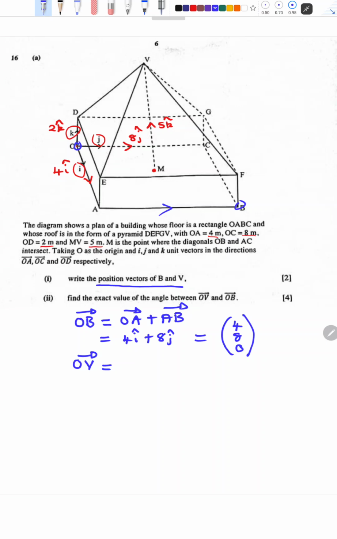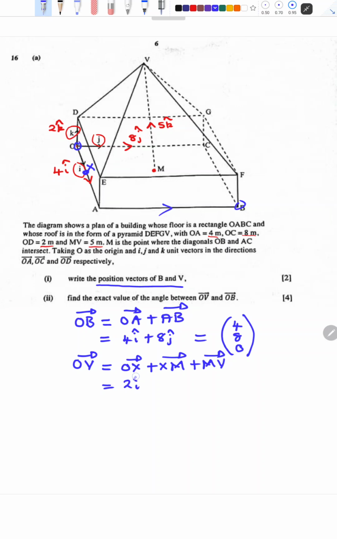Then we move on to OV. From O to V, we can move from O first to the midpoint of OA, which I'm going to denote by X. Let X denote the midpoint of OA. So I'm going to move from O to X. Then you move from X to M. Then you proceed from M to the required destination, which is V. Right. Since X is the midpoint of OA, and OA is 4i, OX is 2i.